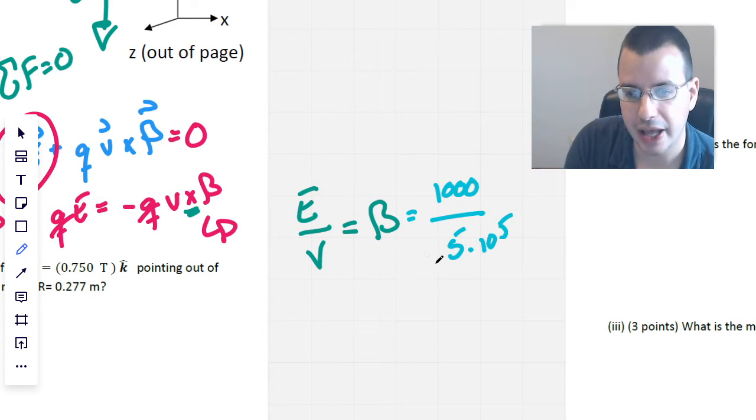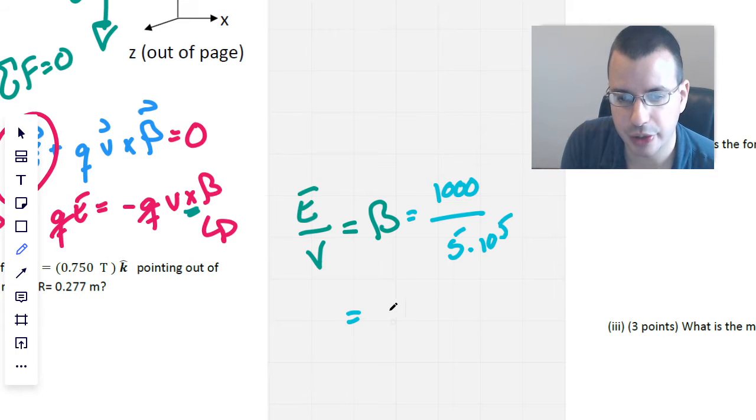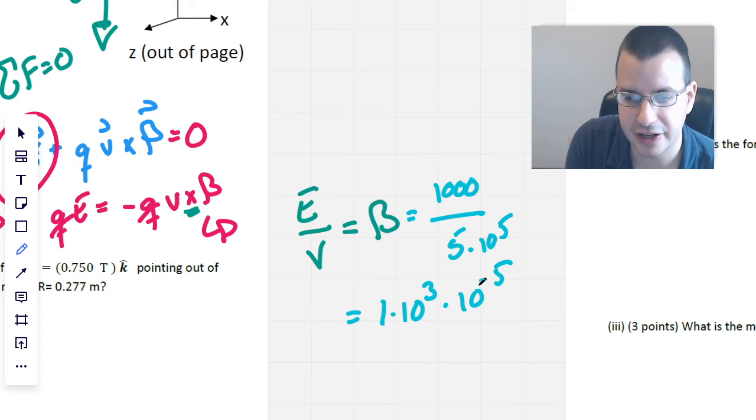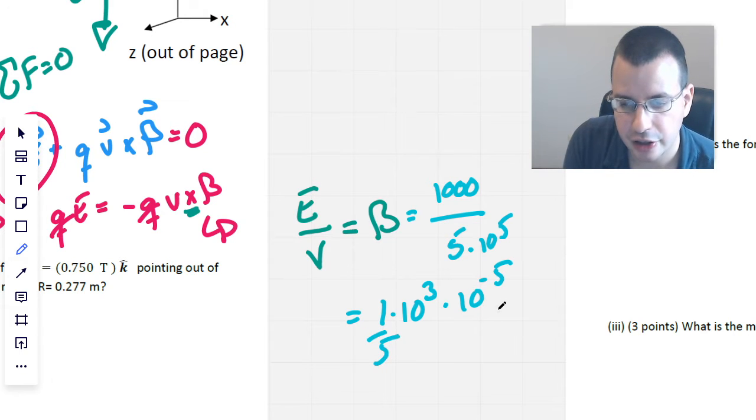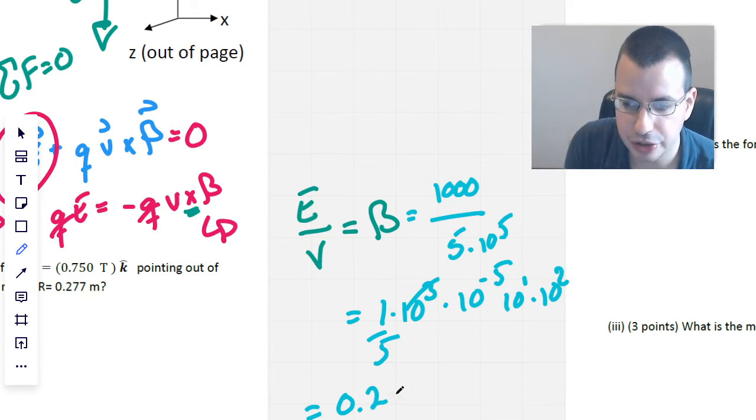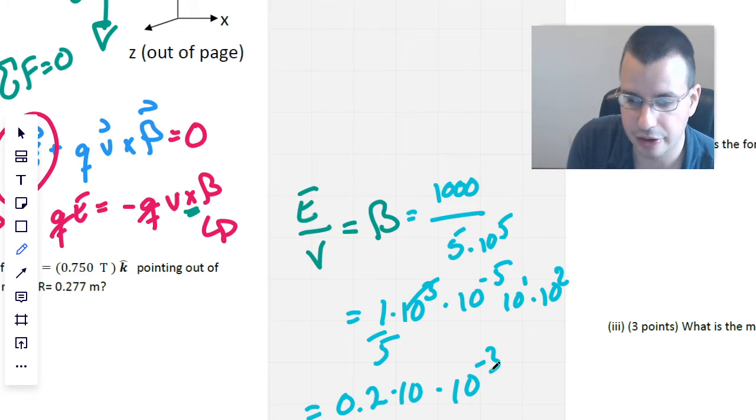And so now, if we rewrite this a few times, we have 1 times 10 to the 3rd times 10 to the negative 5th over 5. This will be 10 to the 1st times 10 squared. We have 1/5 is 0.2 times 10 times, and then combining negative 5th and 2 times 10 to the negative 3rd.